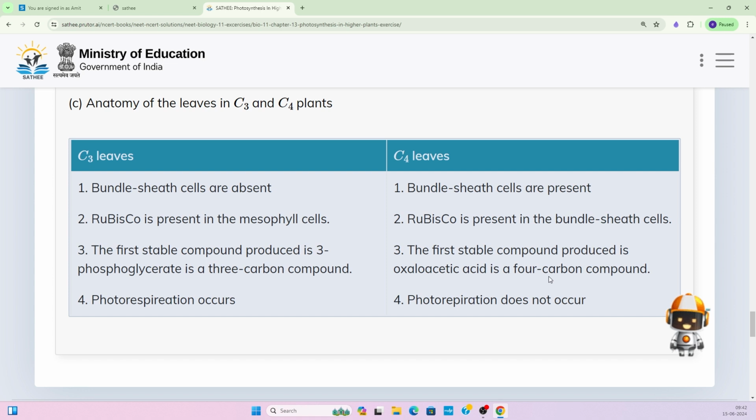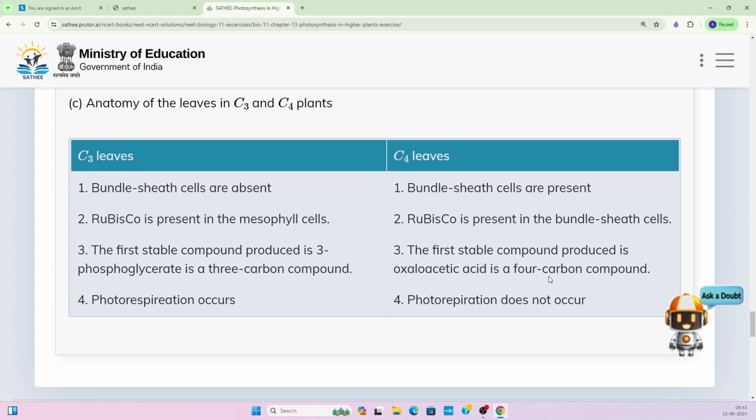The Rubisco enzyme is present or confined to the mesophyll cell, whereas Rubisco is not present in the mesophyll cells in the case of C4 leaves. It is present in the bundle sheath cells. This is the big difference in the case of C3 and C4 plants, right?